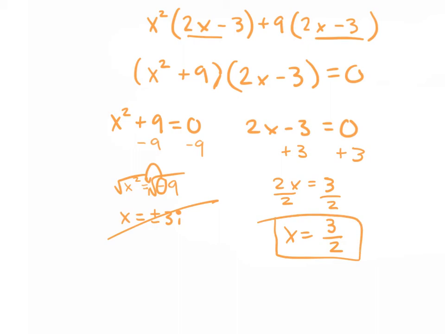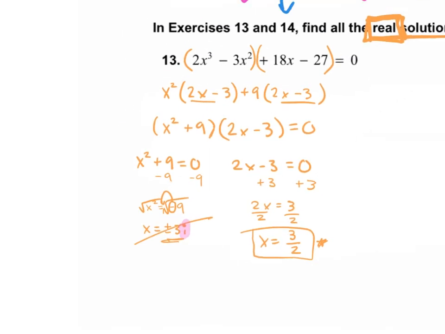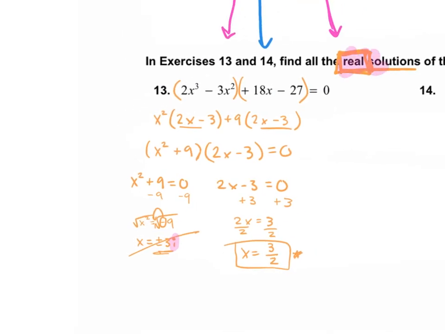So this is our only answer here because we only have one real solution. The other two solutions were imaginary. And this question asks us for real. Right, it's imaginary because it has this i, and the question asks us for real solutions. So x is equal to plus or minus 3 is a solution, but it's imaginary, and this question asks us for real solutions.